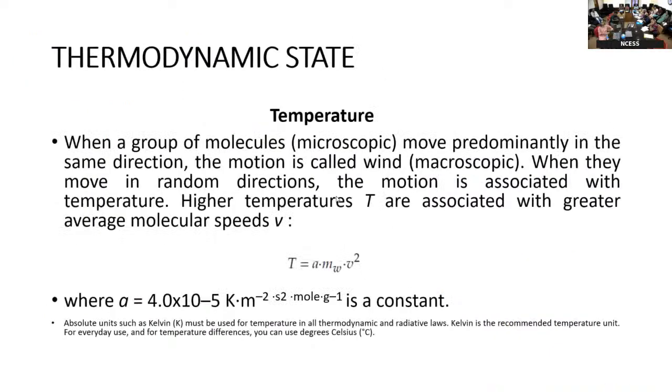And we know that when a group of molecules move in the same direction, that is called wind. When they move in random directions, as we said earlier, due to pressure differences, the air masses will be moving from high pressure towards low pressure.